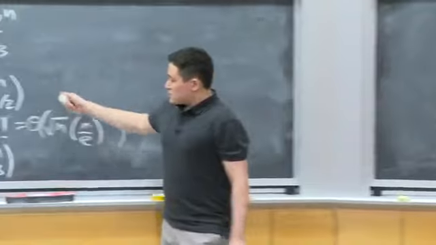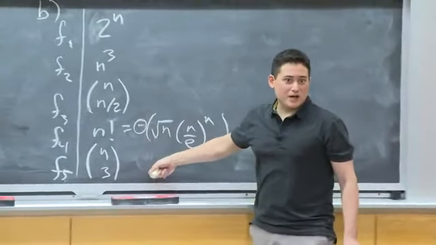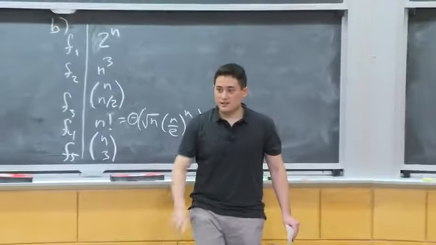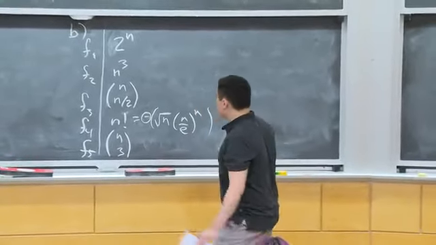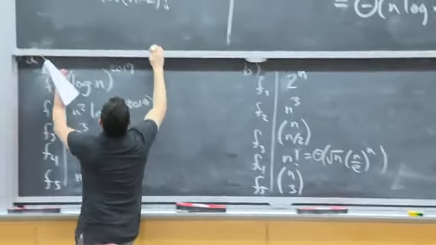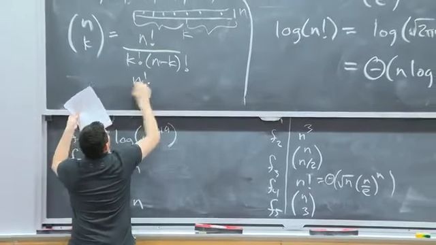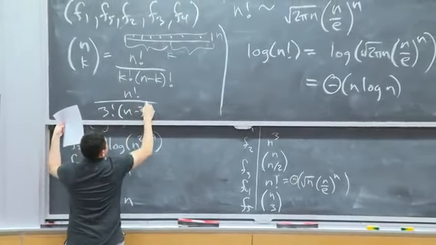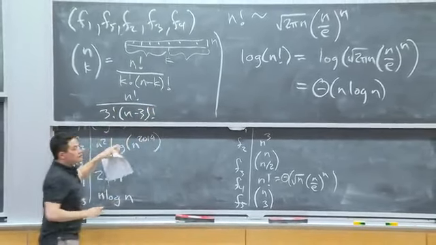All right, then what about these two things? Let's start with the bottom one. Can someone tell me what this is asymptotically? Yeah. N cubed. Why is that? Well, if we plug this stuff into that definition here, right, we have n factorial over 3 factorial times n minus 3 factorial, right?